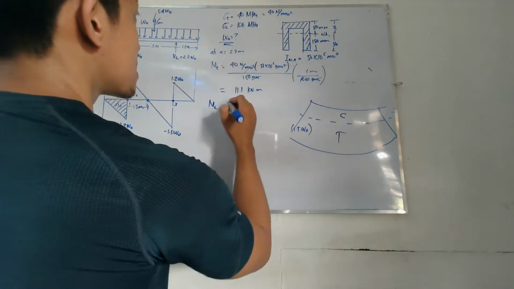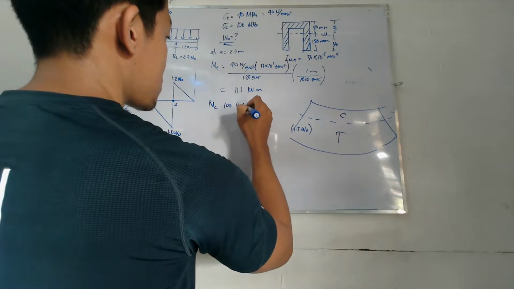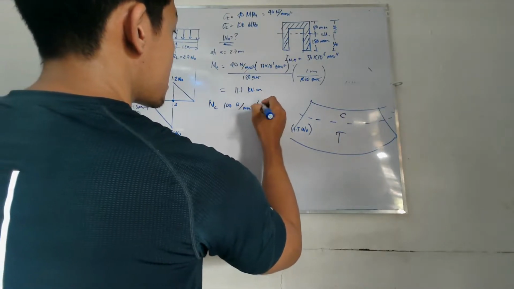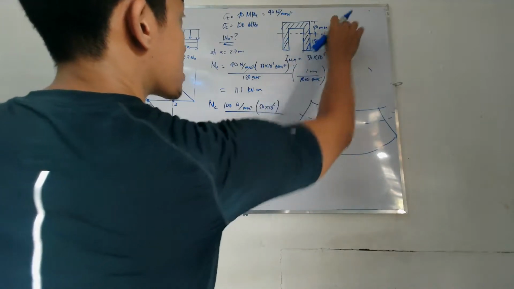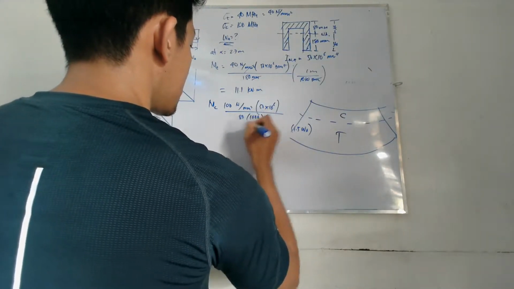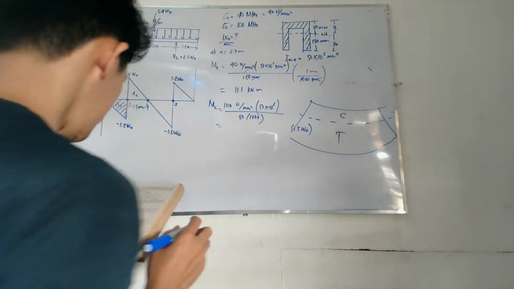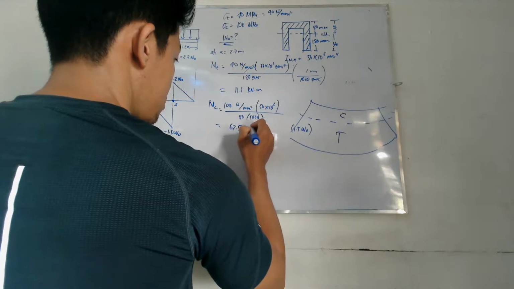Compression, ano gamiton? 100 Newton per square, 50 times 10 to the 6, over compression is 80. Answer ani would be 62.5 kilonewton meter.